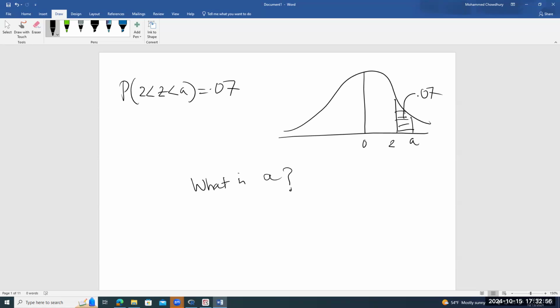Okay, first of all, find this area. That is easy, right? What is that? Just this one. I want just these things. Two or less.